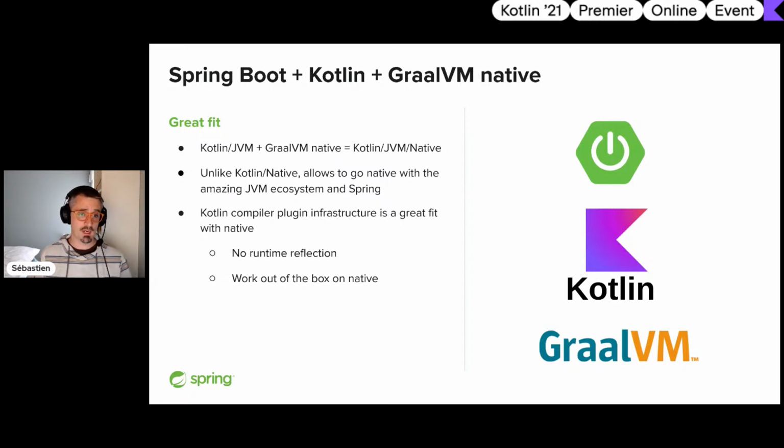Unlike Kotlin native, it allows you to go native with the amazing JVM ecosystem, with Spring, and with all the experience that has been built on top of the JVM, because ultimately it's a subset of the JVM plus your application compiled to a native executable, but it's still executing the OpenJDK code, basically.